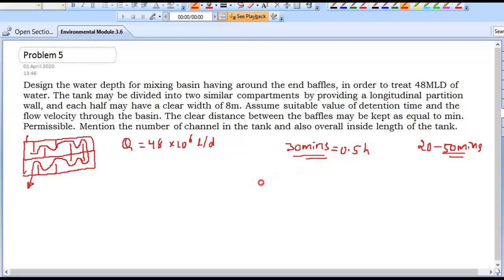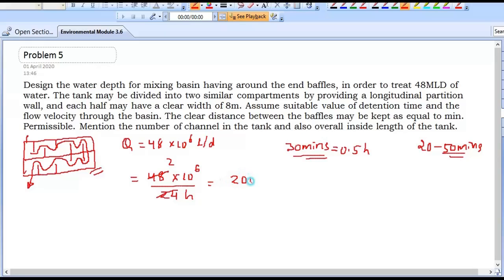Now if this is a tank, in half an hour how much quantity is coming? In one day, 48 into 10 raised to 6 liters are coming, but the entire water will not be stored in the tank. Therefore only for 0.5 hour. So we convert this into hours: 48 into 10 raised to 6 divided by 24 hours. This much liter per hour; we make it into meter cube.